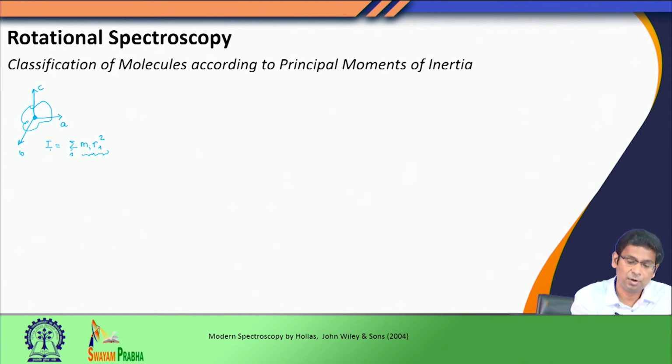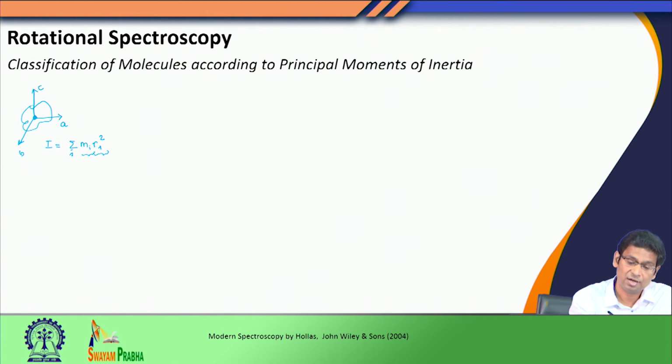So, if I am talking about the moment of inertia along A axis, then I would find out the distance of this particle from the A axis. When I talk about the moment of inertia around B axis, I will find out the distance of this particular particle from the B axis.